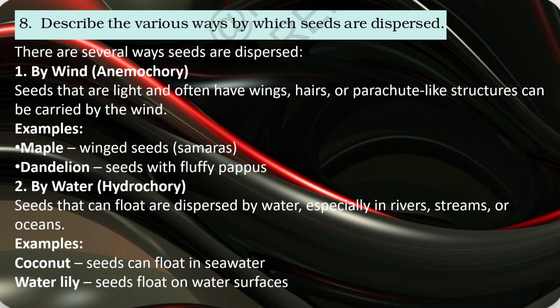Example: maple, winged seeds, samaras; dandelion, seeds with a fluffy parachute. 2. By water, hydrochory. Seeds that can float are dispersed by water, especially in rivers, streams, or oceans. Examples: coconut, seeds can float in seawater; water lily, seeds float on water surfaces.